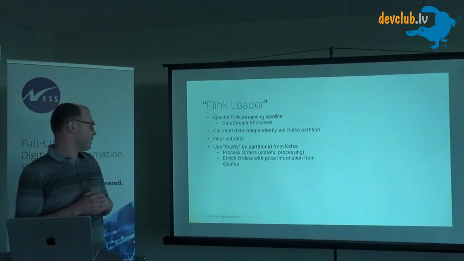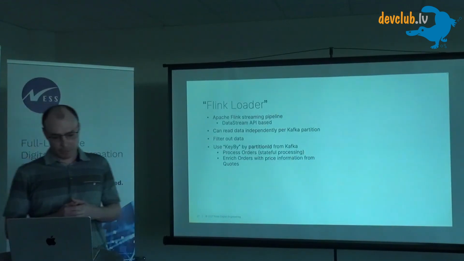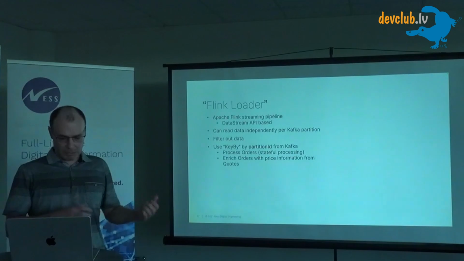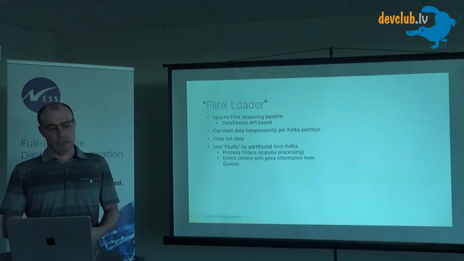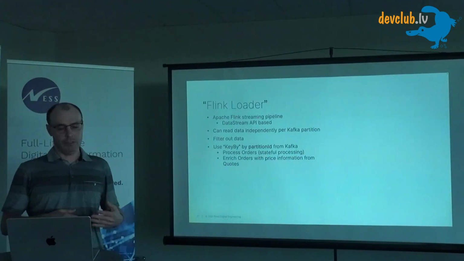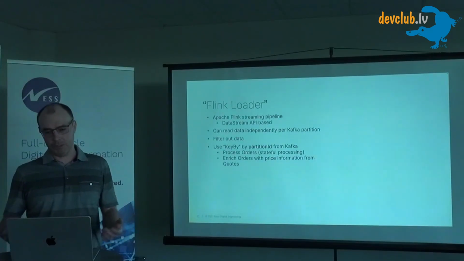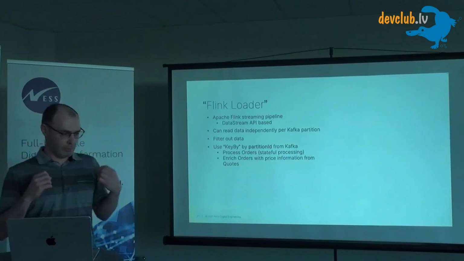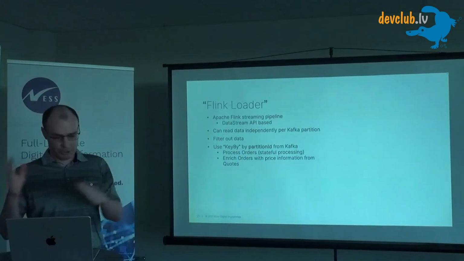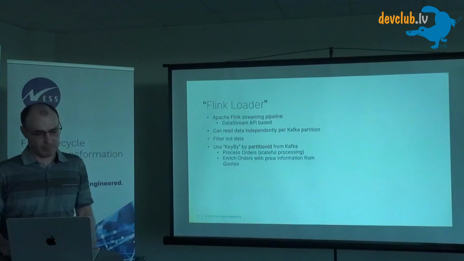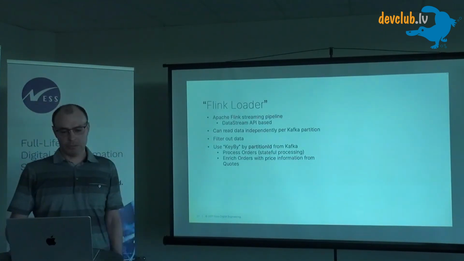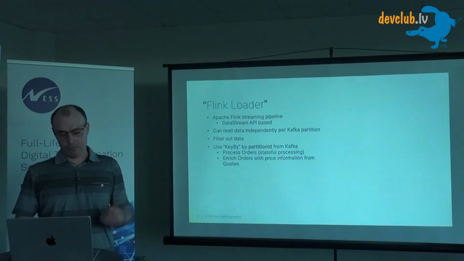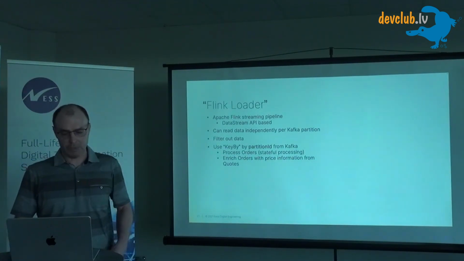As we discussed before, order processing is stateful, we keep state, so message sequence is important for us. Since we partition by partition ID, which is the partition number from Kafka, we are able to get quotes as well per each subtask. And we use orders and populate price information: we enrich orders with price information from quotes.